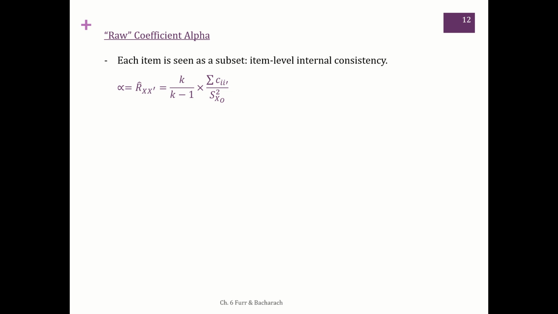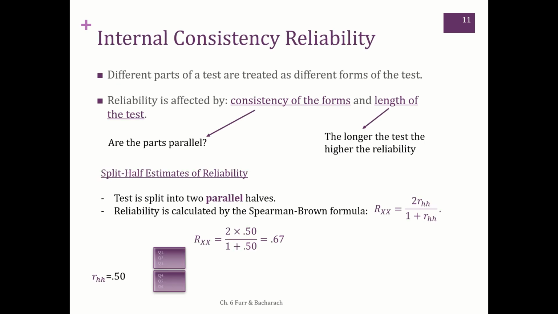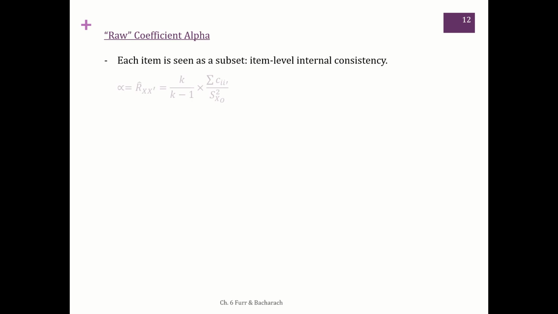Item 3, yeah, that's basically parallel to item 1 and 2 again. So it sees each individual item as a test administration and all items as a set of administrations that are parallel to each other. And you could prove, which you don't have to, that if you do all possible split halves, all possible ways of cutting up a test and calculating your internal consistency reliability, if you then take the average of all those reliabilities, you would basically get Cronbach's alpha.